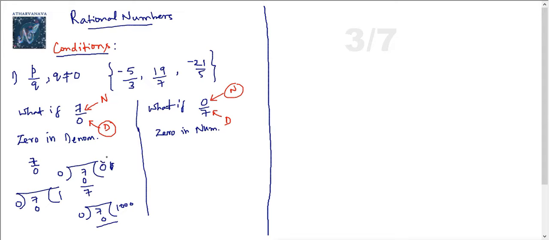Which number should I fix? This or this or this? Which one can I fix? Analyze again. If it's 7 by 0, then I write 0 outside, 7 inside, and I try to divide. 0 times 0 is 0, 0 times 1 is again 0, 0 times 1000 is also 0. 0 into any number is 0.